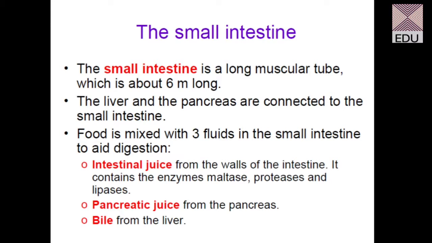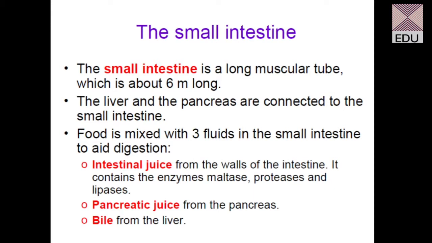Second is the pancreatic juice from the pancreas. It takes along with it the pancreatic amylase and the pancreatic lipase. Next we have the intestinal juices from the wall of the intestine itself. This juice contains enzymes like maltase, proteases and lipases.